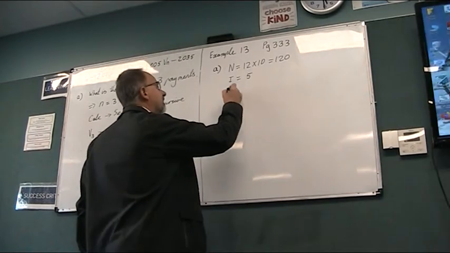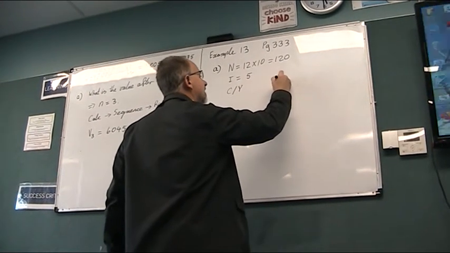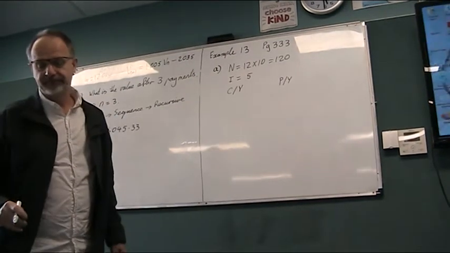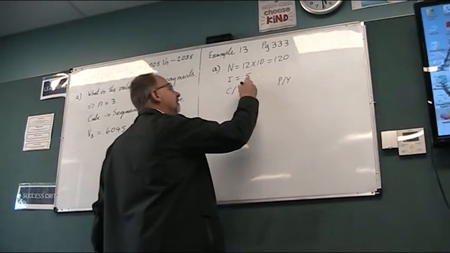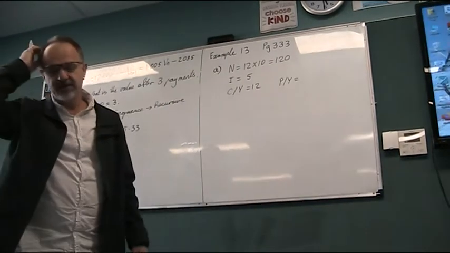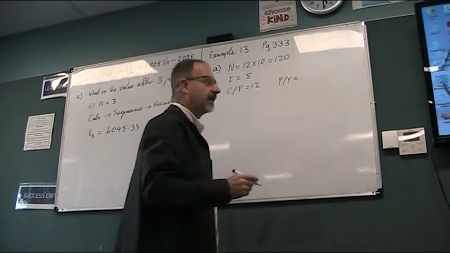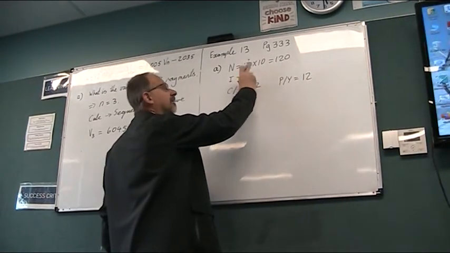And that other information is the number of times it compounds per year and the number of payments received per year. So how many times is it compounding in the year? And how many times in the year is he being paid? 12, because he's being paid monthly for 10 years.